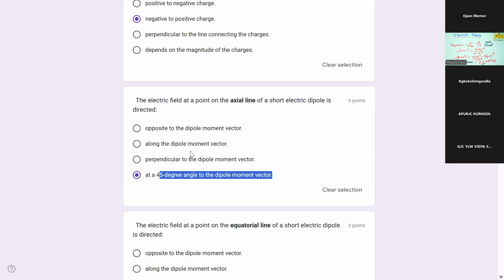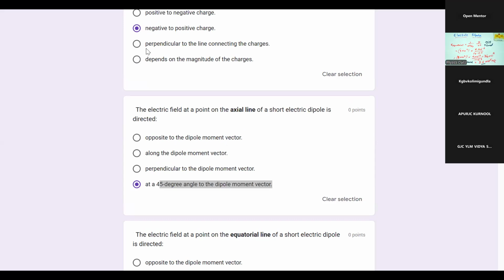We can choose a test point on the axial line and find the electric field due to the individual charges. The net electric field is the sum of the electric fields of the individual charges.